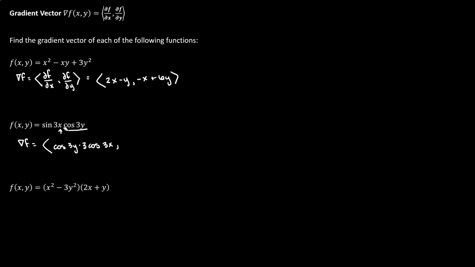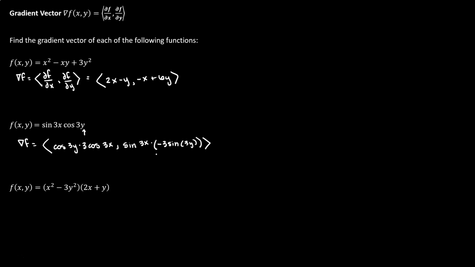And then we'll do the same thing, but for the partial with respect to y, noticing y only shows up once, so the sine 3x looks like a constant multiplier, and I'm going to multiply that to the derivative of cosine 3y, which would be negative 3 sine 3y.